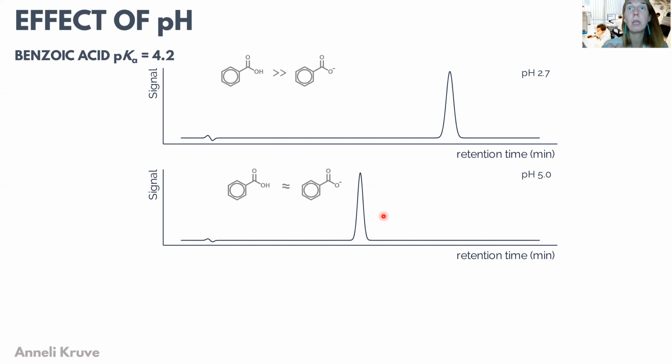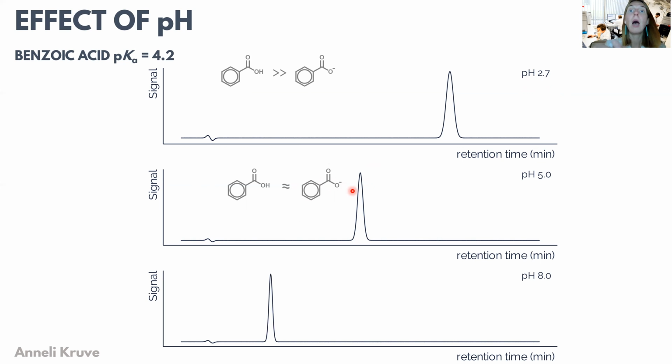So now we see a much shorter retention time. And when we increase the pH of the mobile phase even further to pH 8, for example, then we have almost only the anionic form, and we see that the retention time of the benzoic acid peak has decreased even more. So it is now eluting really, really early.